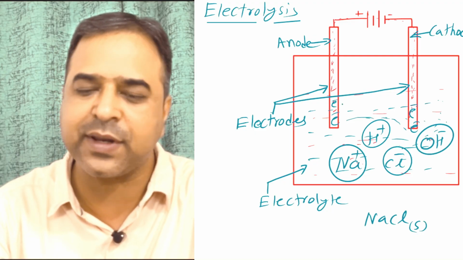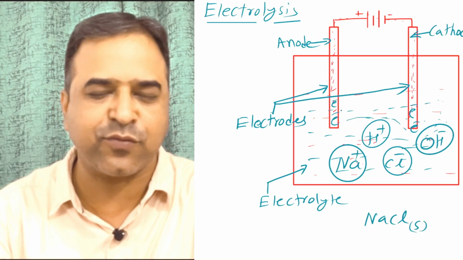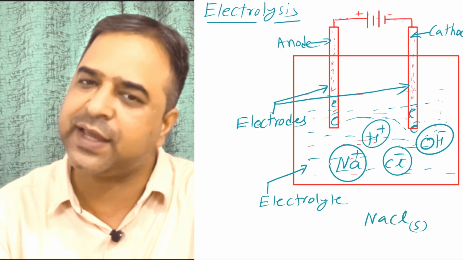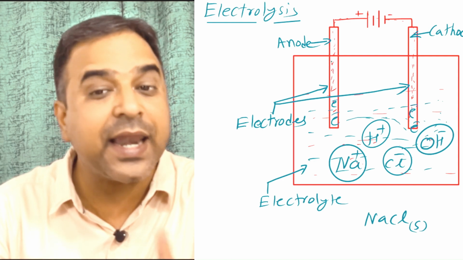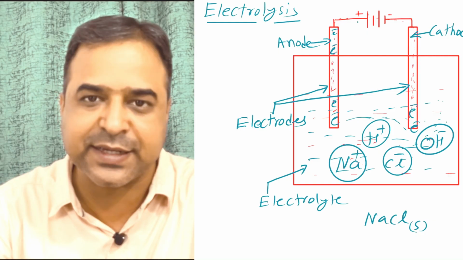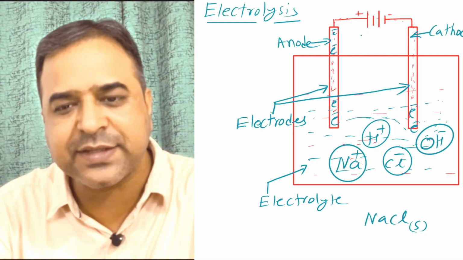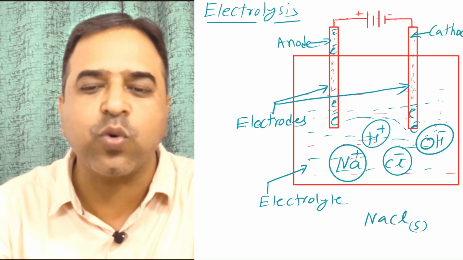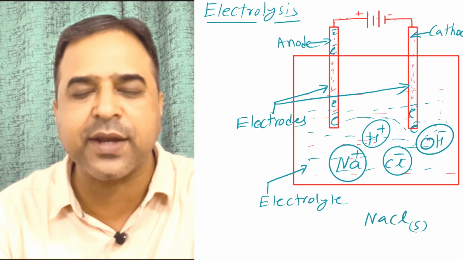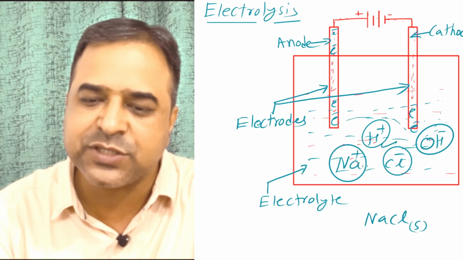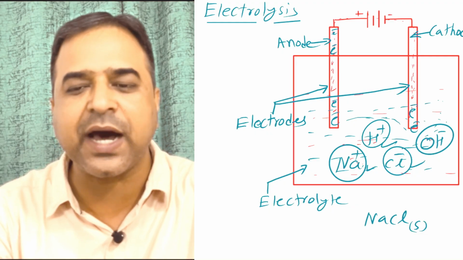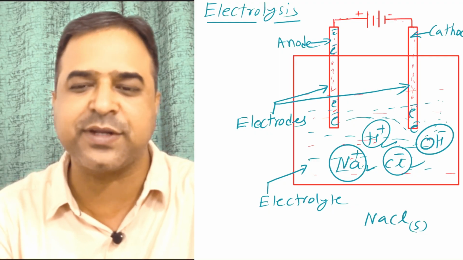Remember, there are two kinds of movement taking place. The charged particles move in the electrolyte, and electrons move outside, in the circuit. Outside the circuit, the electrons are in motion. Inside the electrolyte, the charged particles are in motion. Understood? So this is the principle of electrolysis.